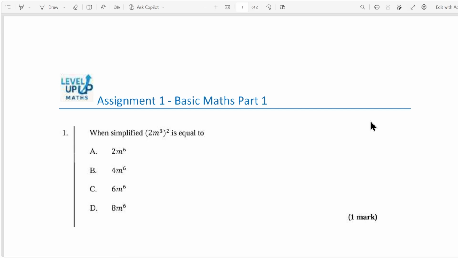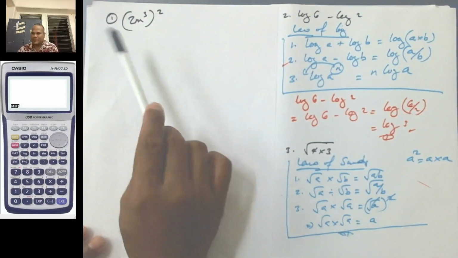It says simplify 2m to the power of 3, raised to the power of 2, is equal to what? Let's have a look at this question.